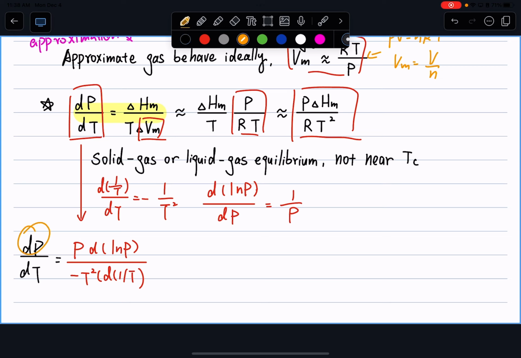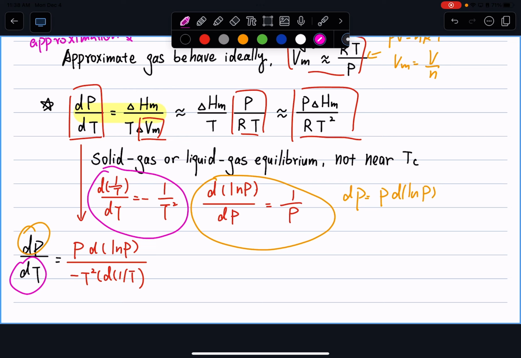So in here, your dP equals P times d ln P, and your dT equals negative T squared d(1/T). That's where we come from.